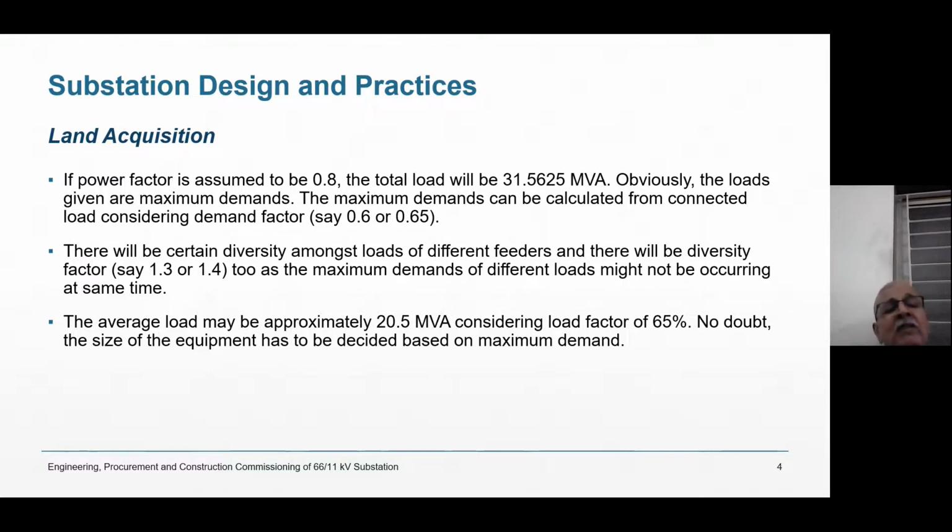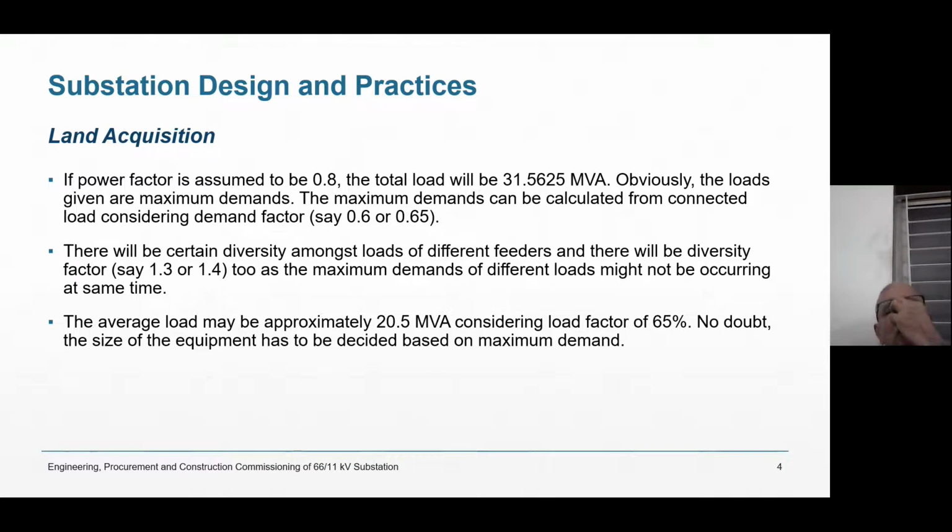Another way the diversity factor works is, you tell consumers that if you use electricity at night, because at night people usually are not using electricity, I will give you power at half the tariff or three-fourths of the tariff. I will charge you less.